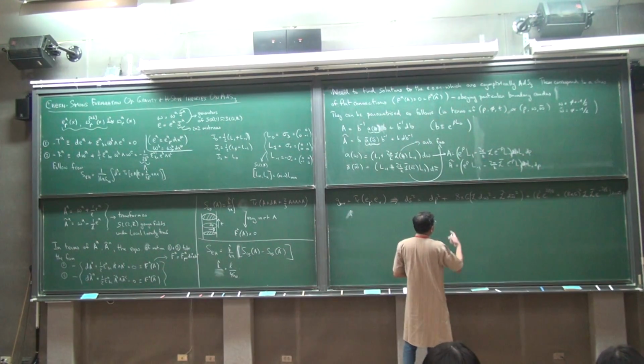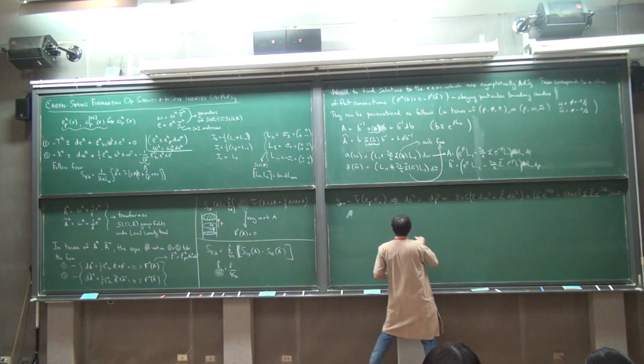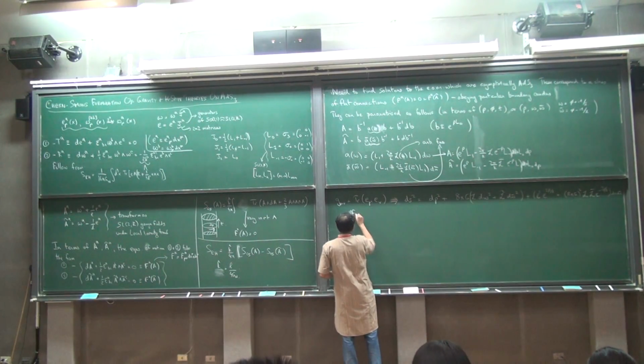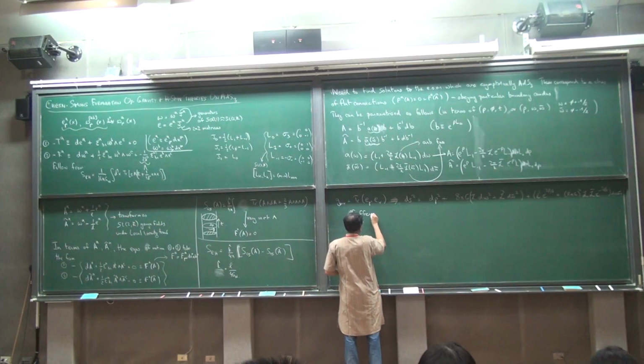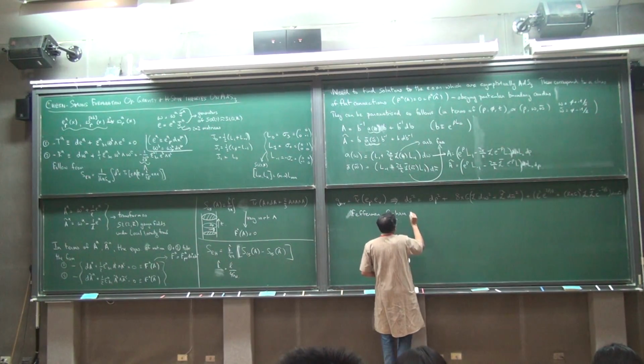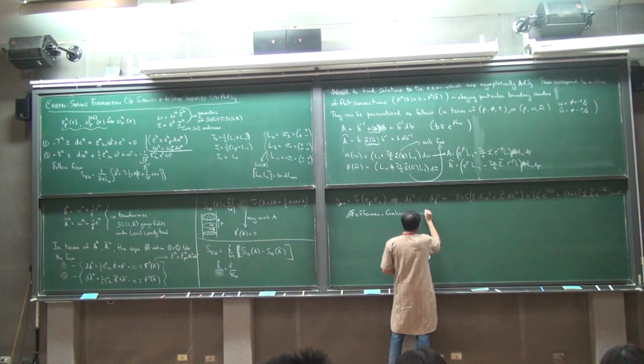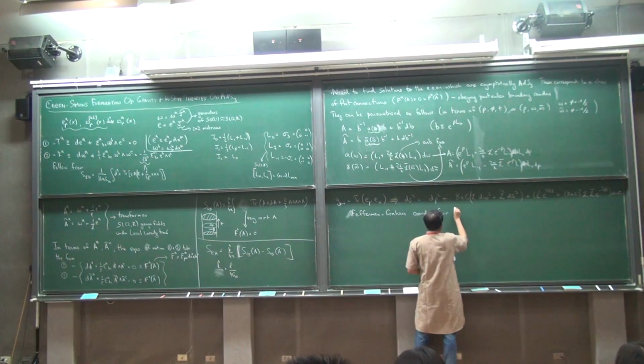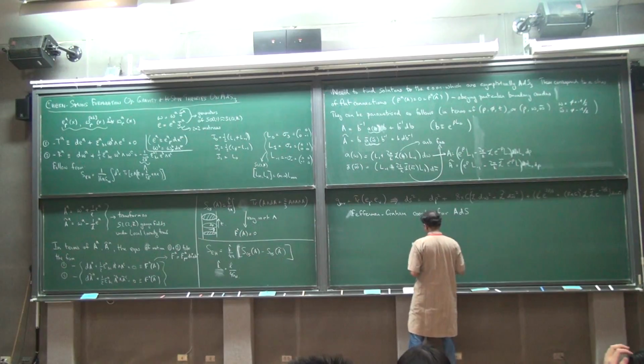And in fact, these are what are called the Fefferman-Graham coordinates for AdS.